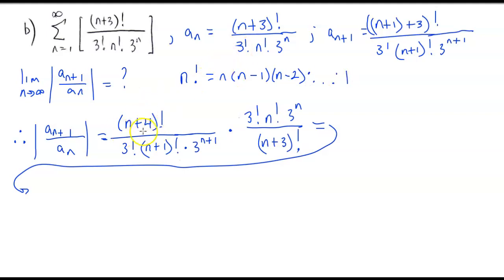So my point is that if we were to list out the first factor in this n plus 4 factorial here, we would just have n plus 4. And then we could rewrite the rest of that as just n plus 3 factorial, okay? And so I'm going to rewrite the rest of my denominator for this one.